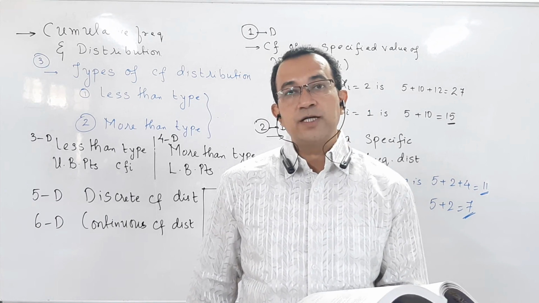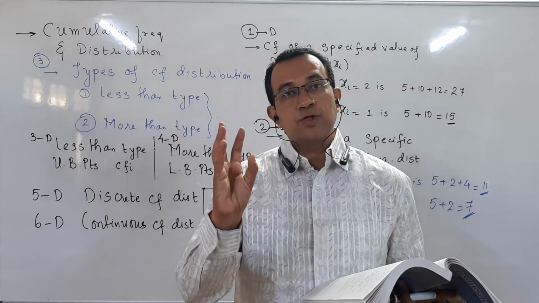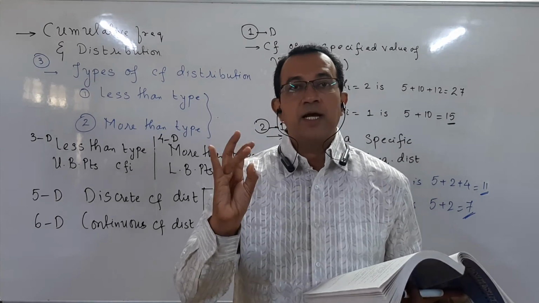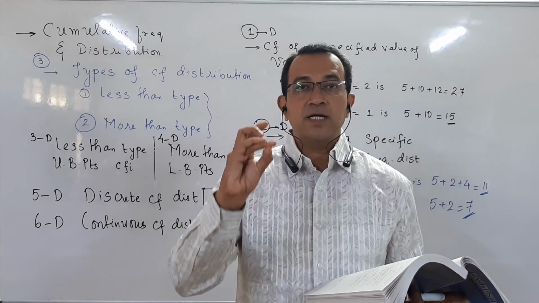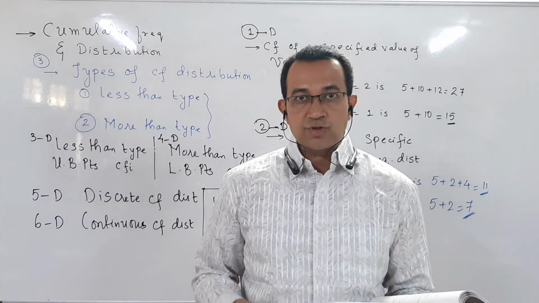Then define cumulative frequency. You have to write both the definitions. Cumulative frequency of specified value of variable also, and cumulative frequency of a specific class of a frequency distribution.